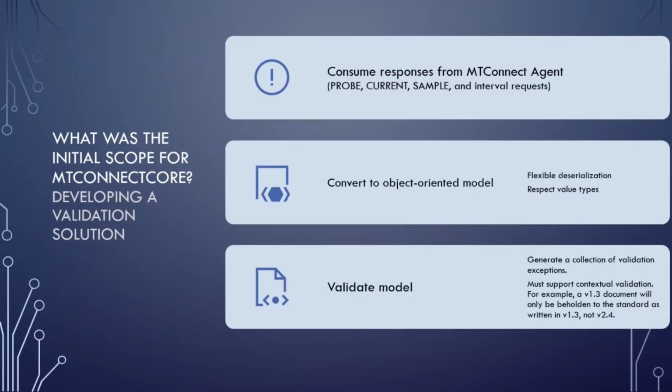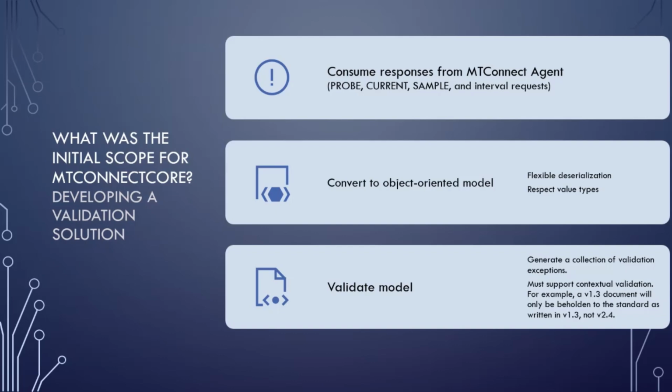So the initial scope for our custom library, which is MTConnect Core, allows developers to consume responses from an MTConnect agent, such as probe, current, sample requests, even assets. And we also wanted to encourage developers to utilize the interval requests.